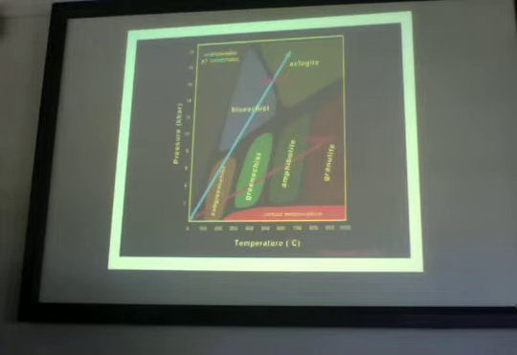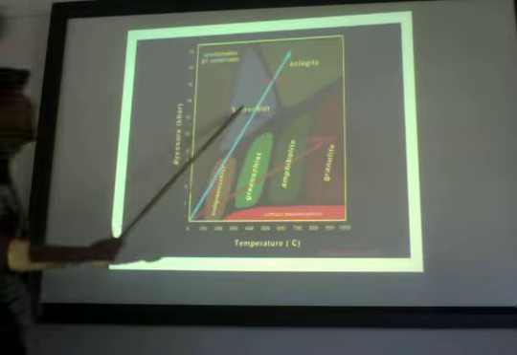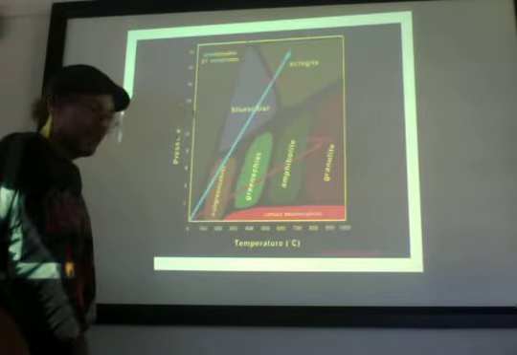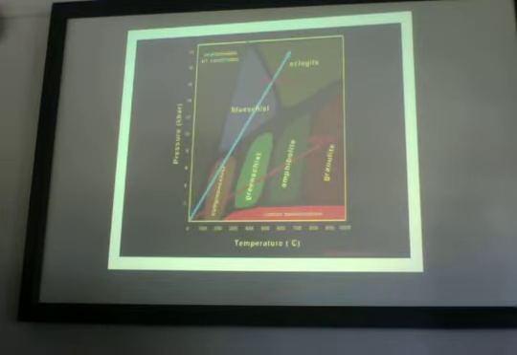And then we have here the blueschist, which is a blue rock because of the blue mineral glaucophane, that is this guy here. And here we have the eclogite, which has the typical mineral paragenesis of garnet and omphacite.